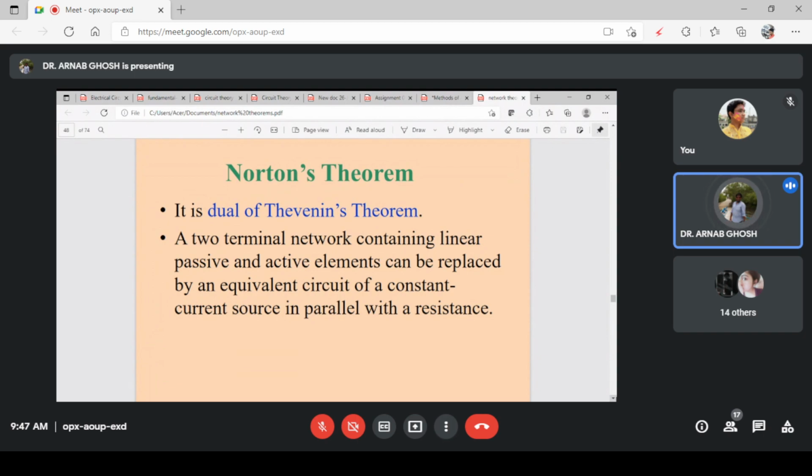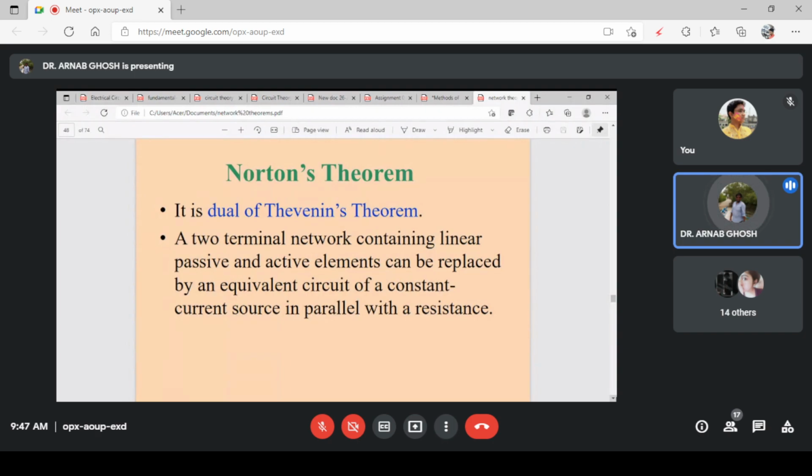For Norton's theorem, the difference is these 2 terminals will be short circuited, and you will be calculating the Norton's short circuit current, that is the short circuit current across the terminals AB of the load resistance. So what you are getting is IN, and this IN is nothing but the Norton's current, right?